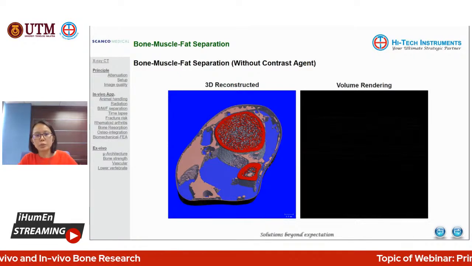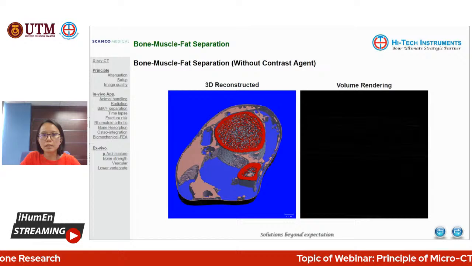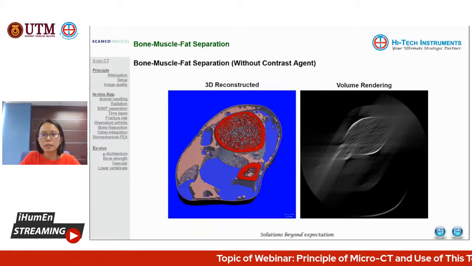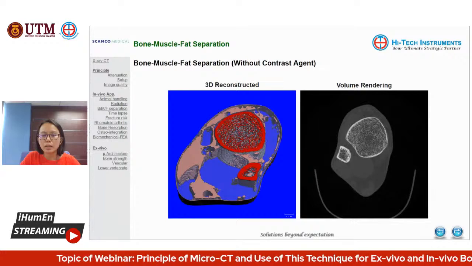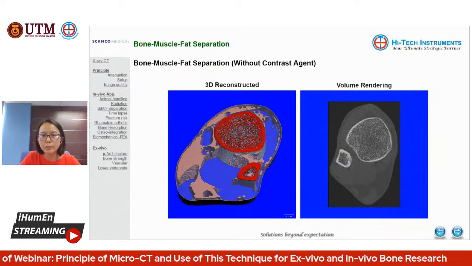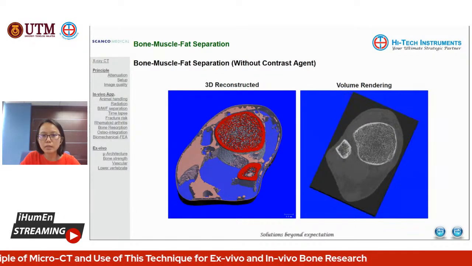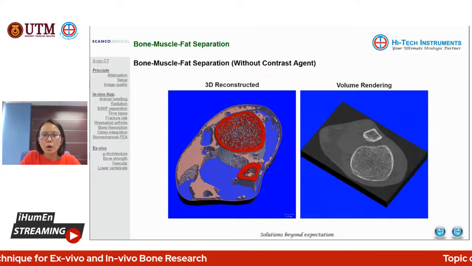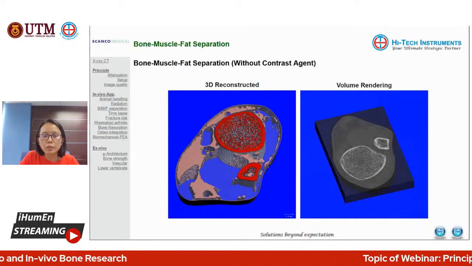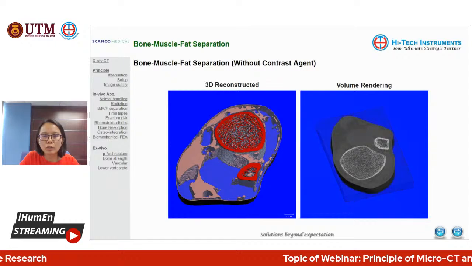Like I can show you here. This is a short video. I can see a volume rendering. From here, you can see the fat, the muscle, and the bone at different contrast levels. Once we can get the different contrast levels, we can utilize the software to do different segmentation here.